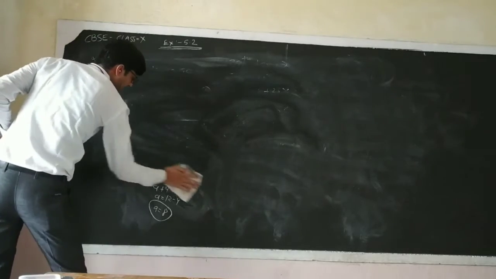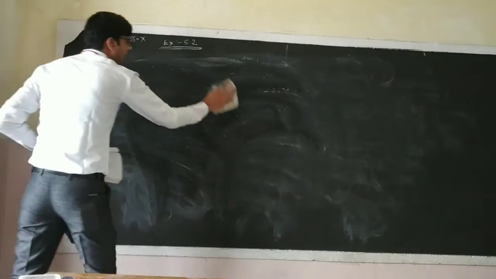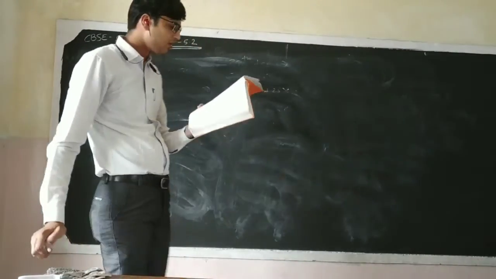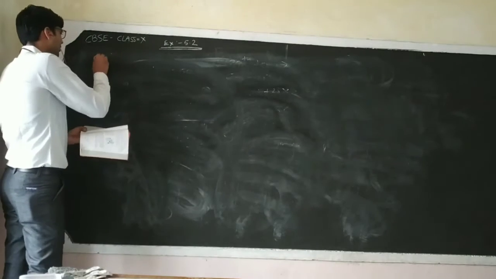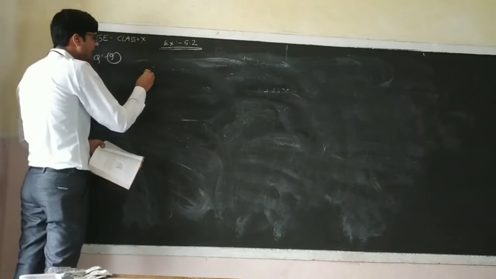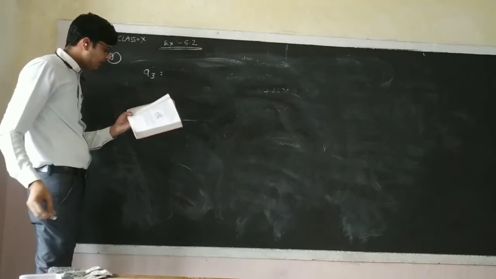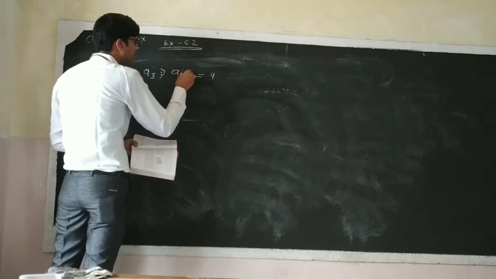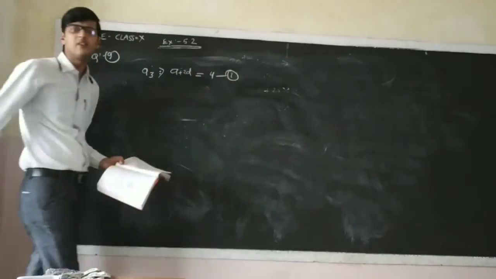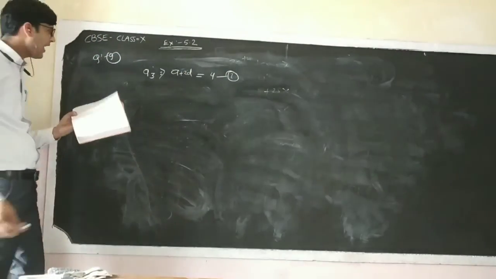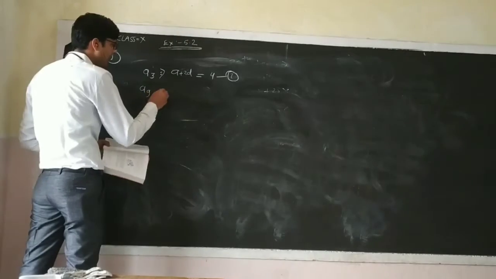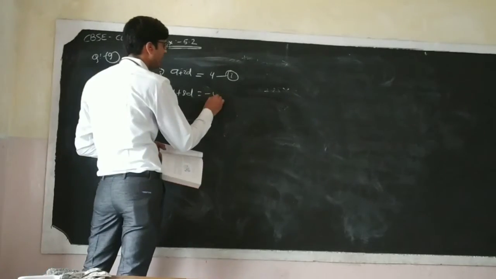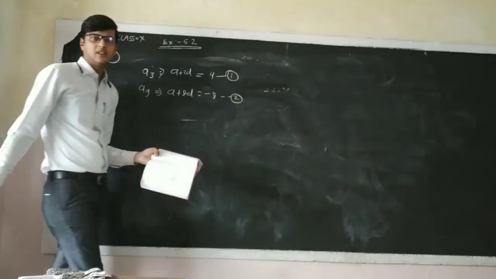Here the third term a3 is 4, so we write a plus 2d equals 4. This is our first equation. The ninth term a9 is a plus 8d equals minus 8. This is our second equation.